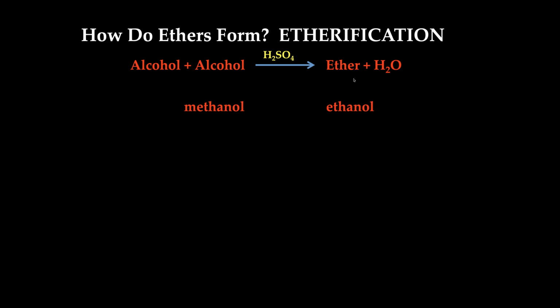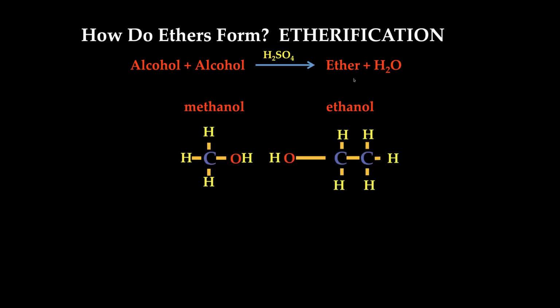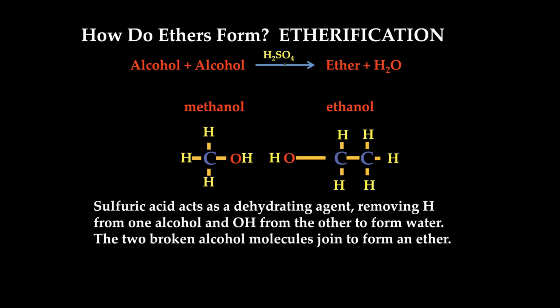So if we react methanol and ethanol together, I'm drawing them with the functional groups facing each other. The H of one alcohol and the OH of the other alcohol will be removed by the sulfuric acid, which acts as a catalyst. It breaks the bond.